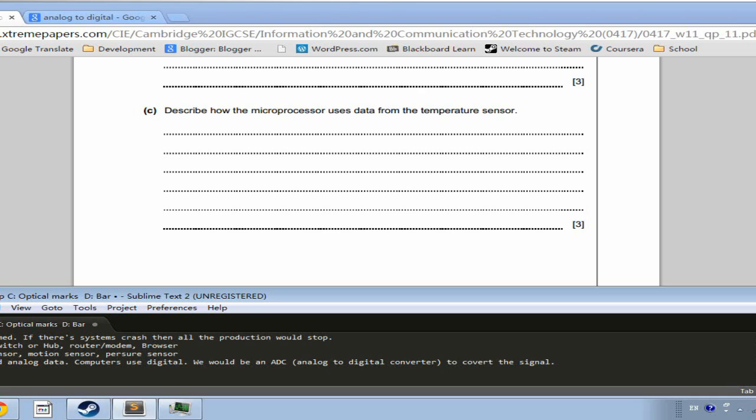So we have a sensor and we have a microprocessor inside our computer.